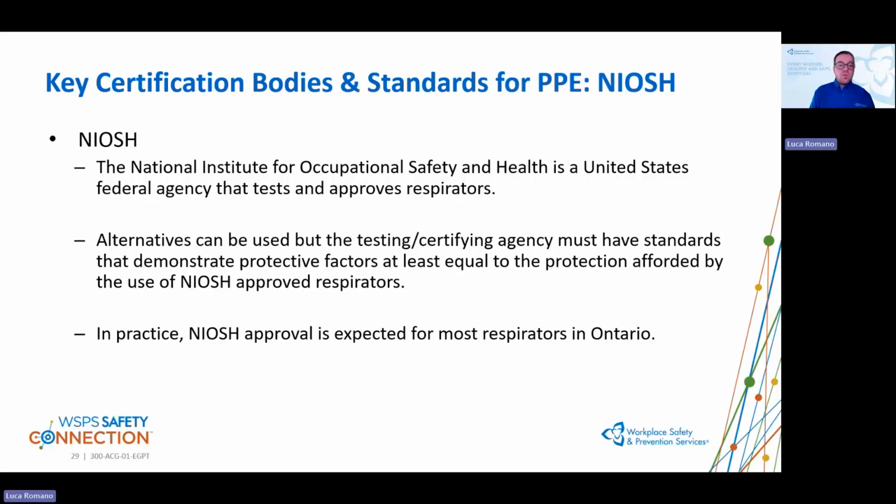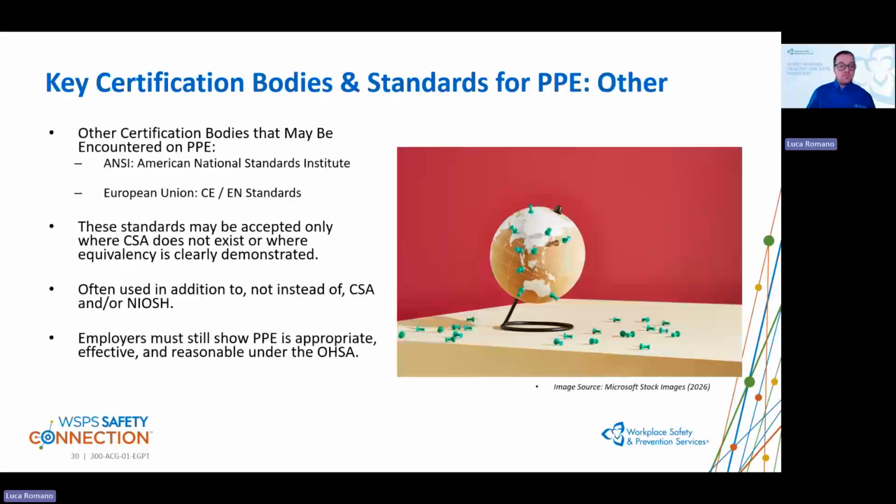The only exception would be if there is a certifying body that has standards in place that are equivalent to NIOSH, if not exceed them. The other thing that's important to note is that at the end of the day, whether it's NIOSH or a different standards body that's approving these respirators, they do have to meet the performance requirements found in legislation in Ontario. But to be honest, NIOSH is seen as the gold standard for the most part.